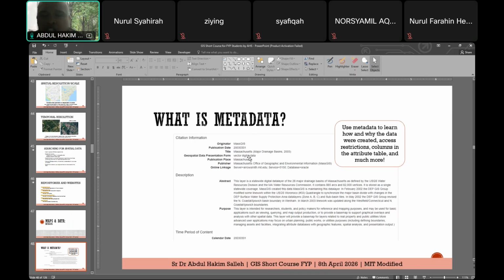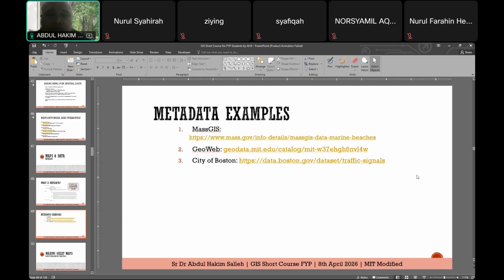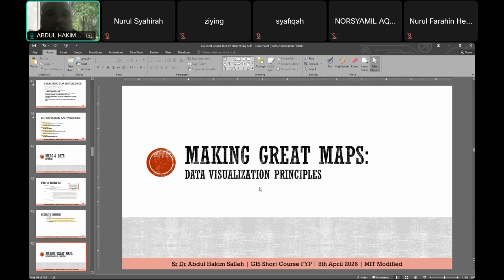If there is a coordinates data, what are the types of projections? What are the types of coordinate reference system that were used in the data? That is what is known as metadata. Okay, there are metadata examples over here, but I'm not going to click it. Let's jump to making great maps.